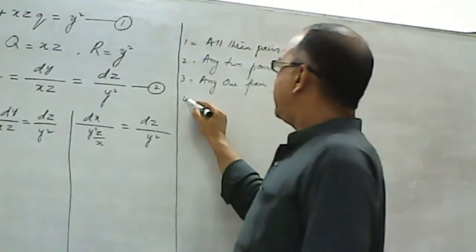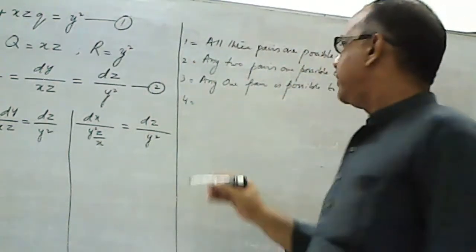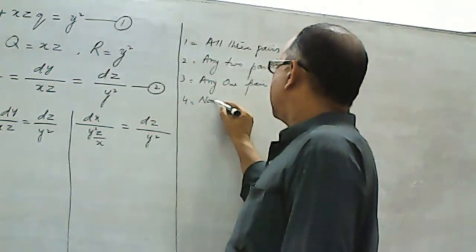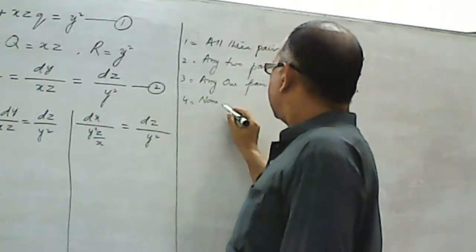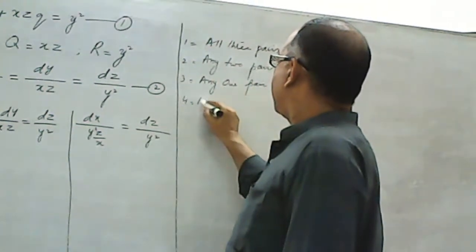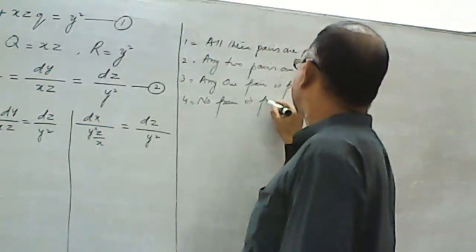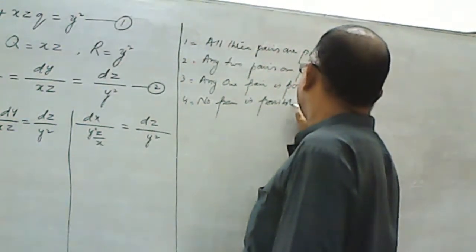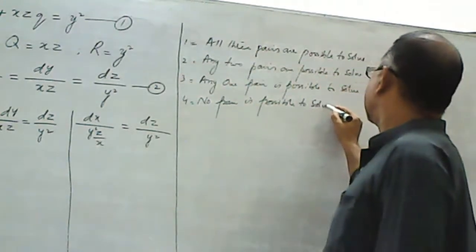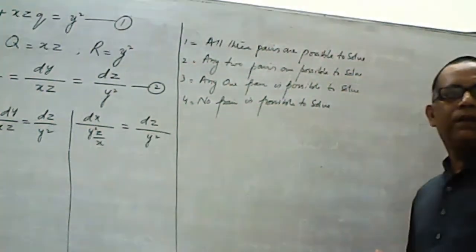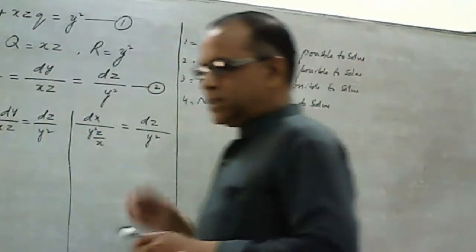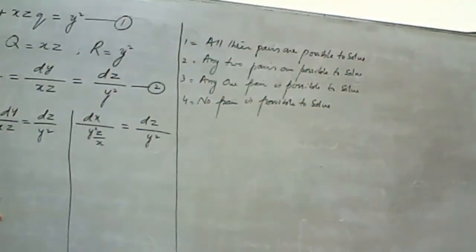And then possibility number four, no pair is possible to solve. So the common sense says that only these four possibilities will exist.